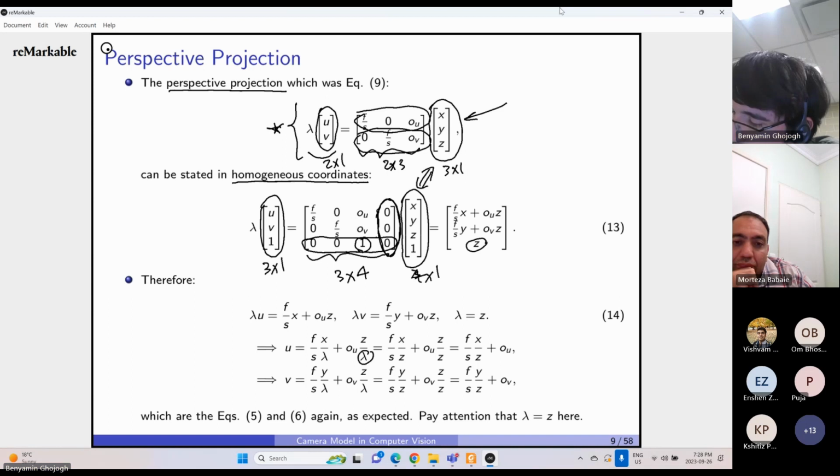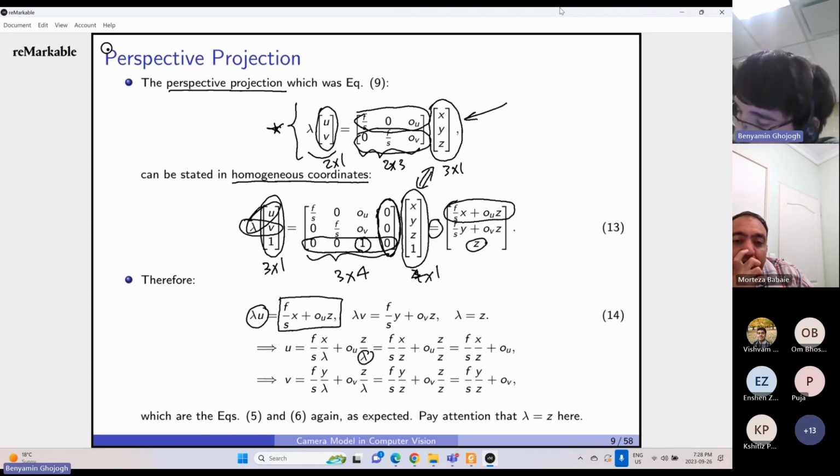Also, do you understand this equation? If you multiply this matrix by this matrix, as we learned in high school, you will get this three-dimensional vector, right? So this equals this. Therefore, the first element, lambda u, equals the first row.